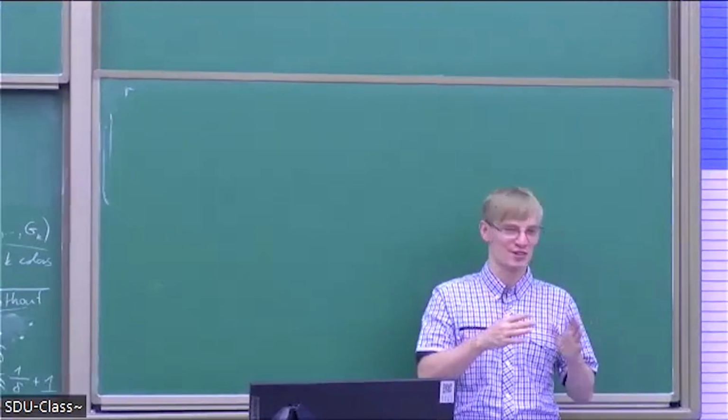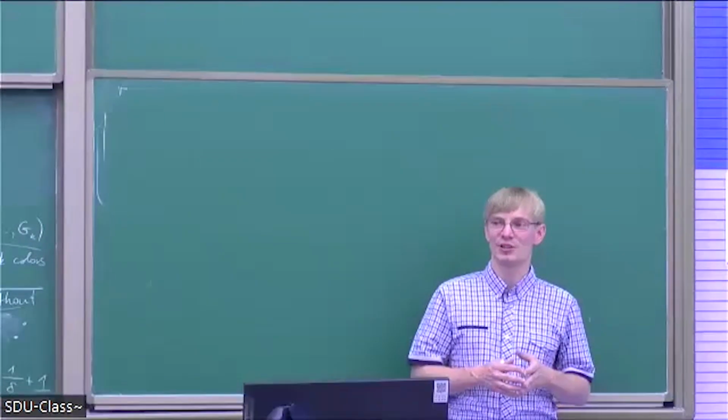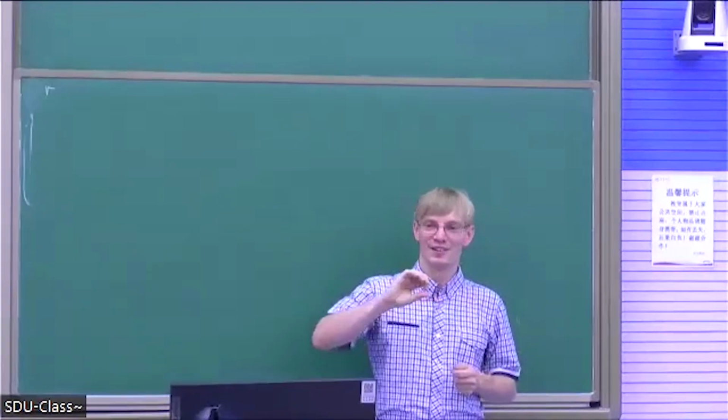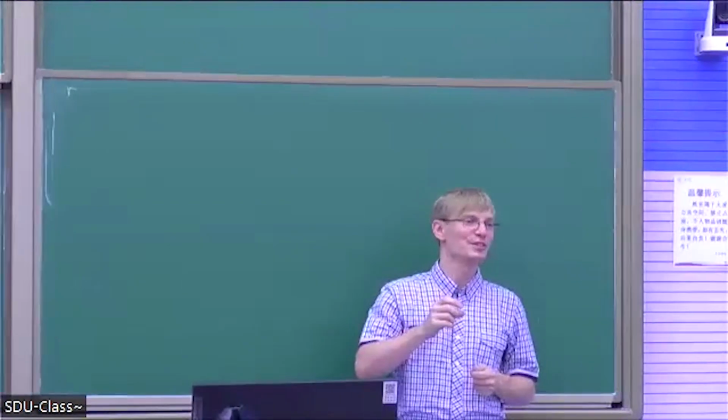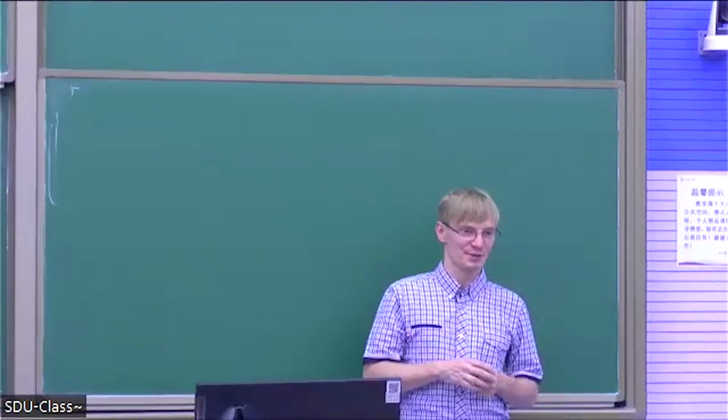So we want to do something similar for graphs. We want to change a graph or graphon a bit, just a tiny bit, and see how it changes the function that we are optimizing.